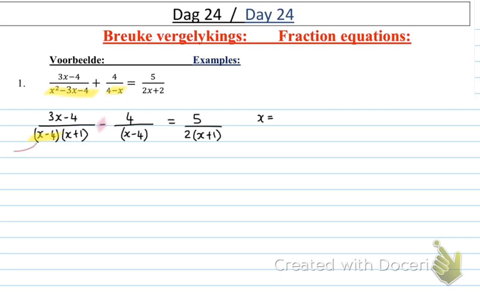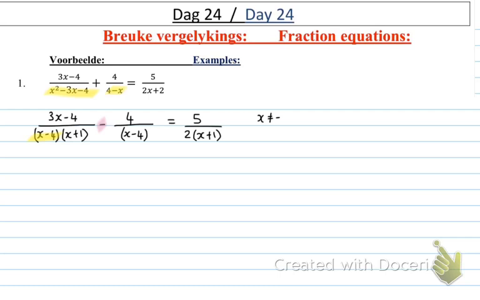When I put 4 in place of x here, then I get 4 minus 4, which gives me 0, which makes this whole thing 0 below the line. Can I have 0 below the line? No, I can never have 0 below the line because that gives me undefined. I can never divide by 0. So I have to restrict x. I have to say x cannot be equal to 4.